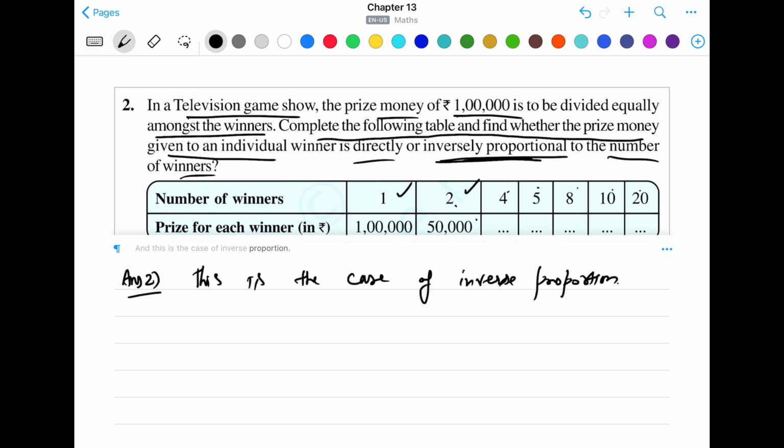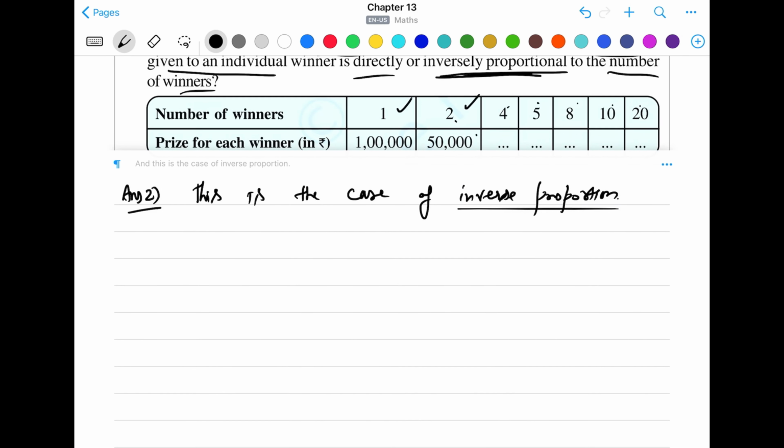In every question you have to write whether it's a case of inverse proportion or direct proportion. In the exam you will just be given a question which you have to identify as direct or inverse proportion. In this book we know all the questions in 13.1 are direct proportional and all the questions in 13.2 are inverse proportional, but in an exam there will be no such division, you have to identify that by yourself. That's why in every question you have to mention whether it's a direct or inverse proportion.